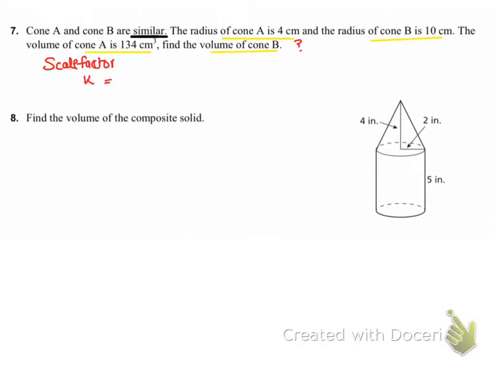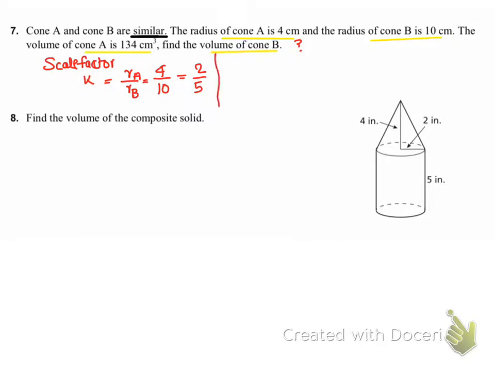Just take the ratio of two corresponding sides. So R1 over R2, RA over RB. Cone A's radius is 4 and B is 10. So that's 2 over 5 in a reduced form.